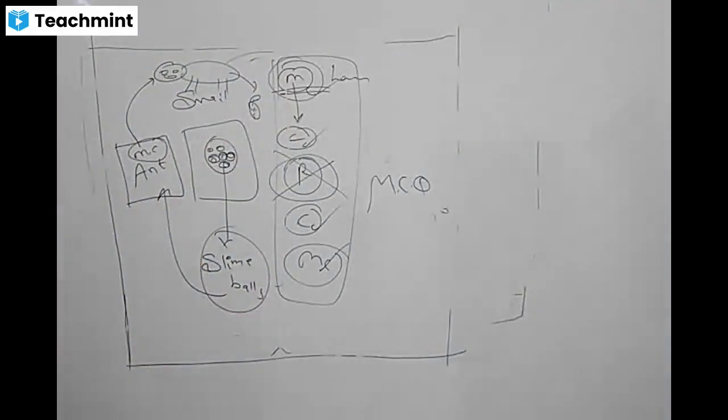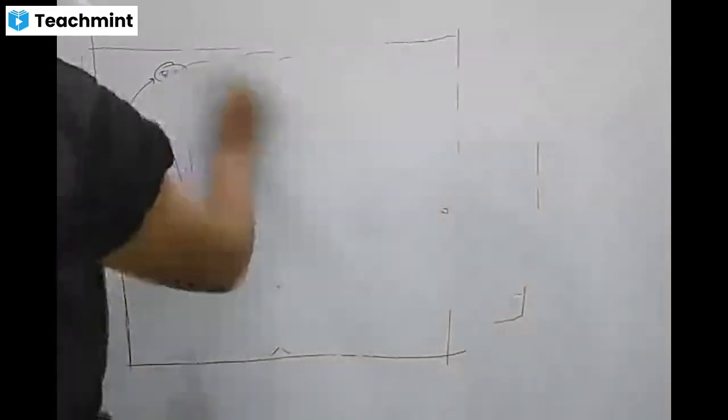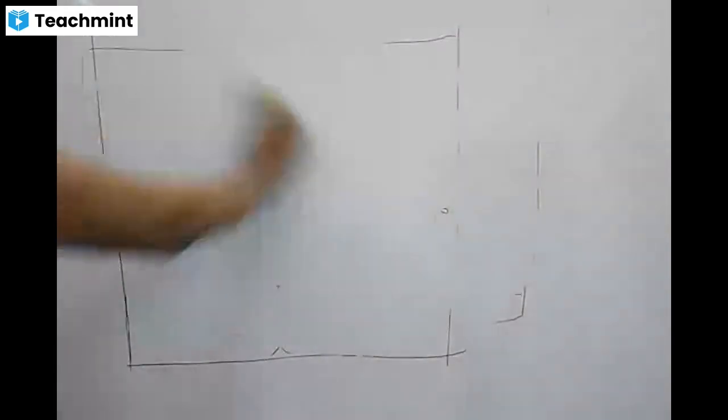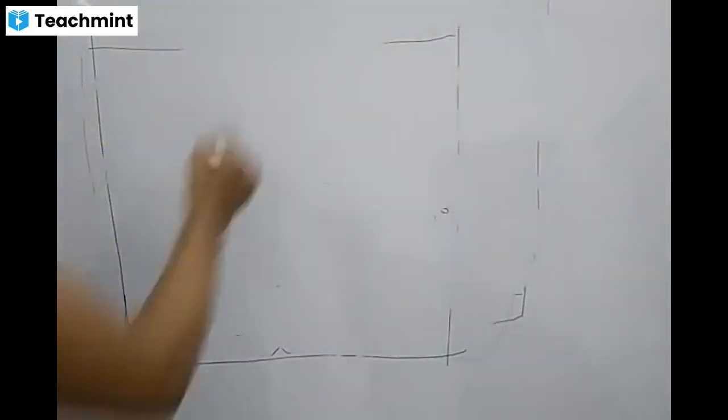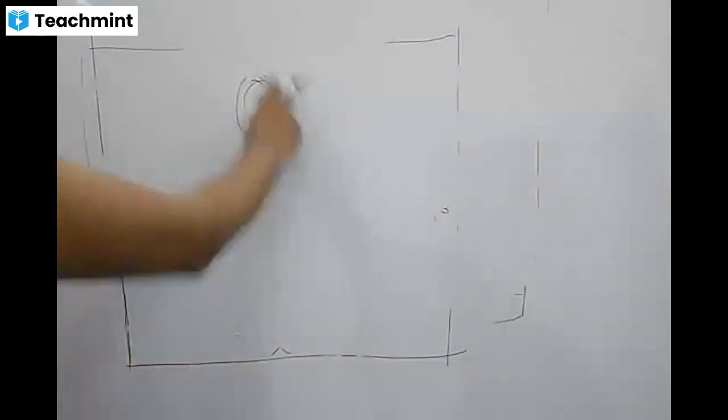Is there any peculiarity of the metacercaria from others? Metacercariae are cyst-like structures.